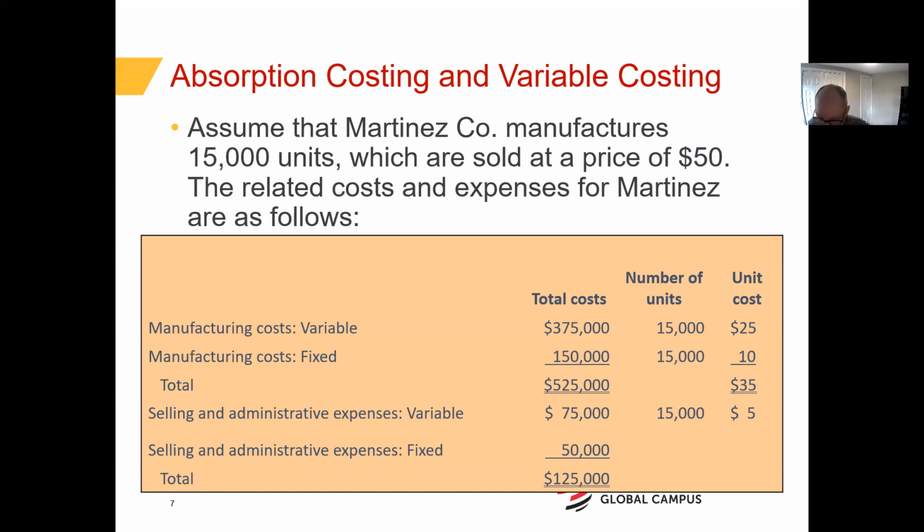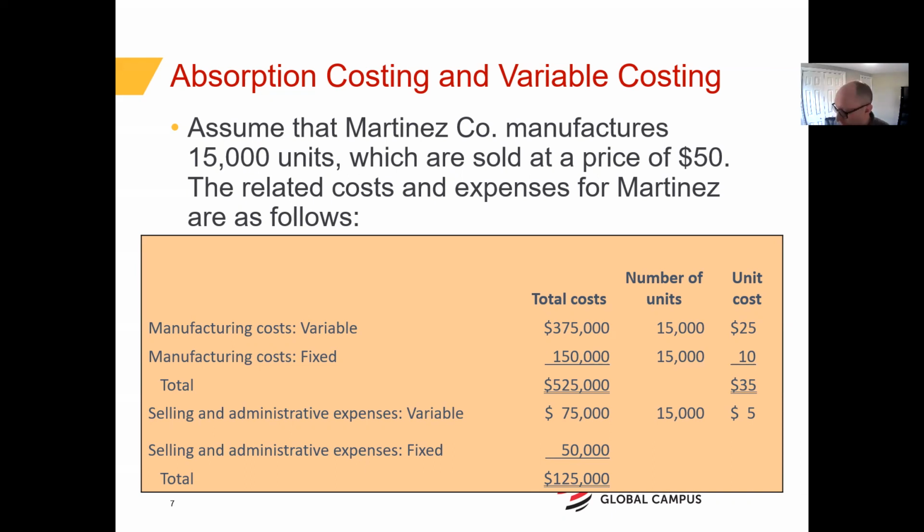That could be a variable component to selling administrative expenses. So in our example, we have $75,000 worth of variable selling administrative expenses at $5 per unit, we sold 15,000 units. I think we sold them all. Looks like we did. And then we have fixed selling administrative expenses, $50,000.